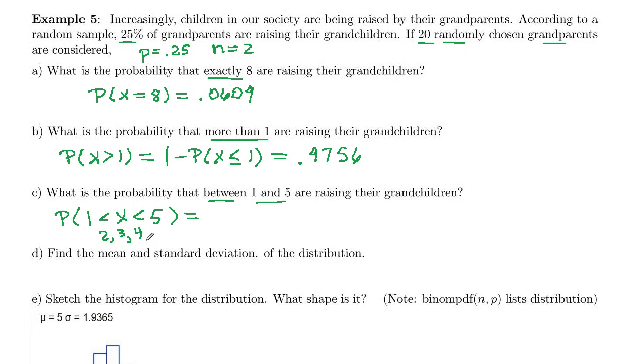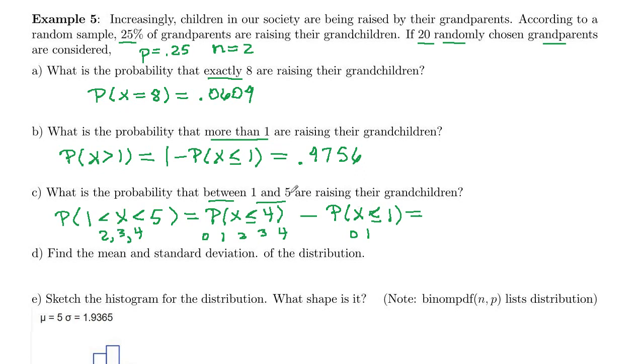So let's do less than or equal to 4. Probability that x is less than or equal to 4 means x is 0, 1, 2, 3, or 4. Then we want to take off 0 and 1, and we'll be left with 2, 3, 4. So minus the probability that x is less than or equal to 1, which is x is 0 or 1. We take those out, and we're left with 2, 3, 4.